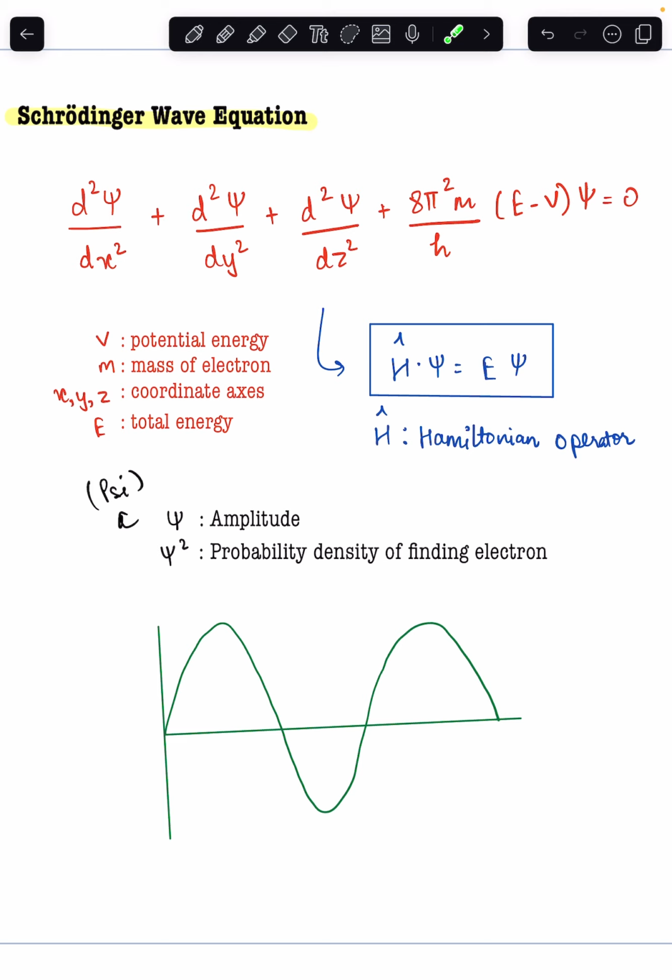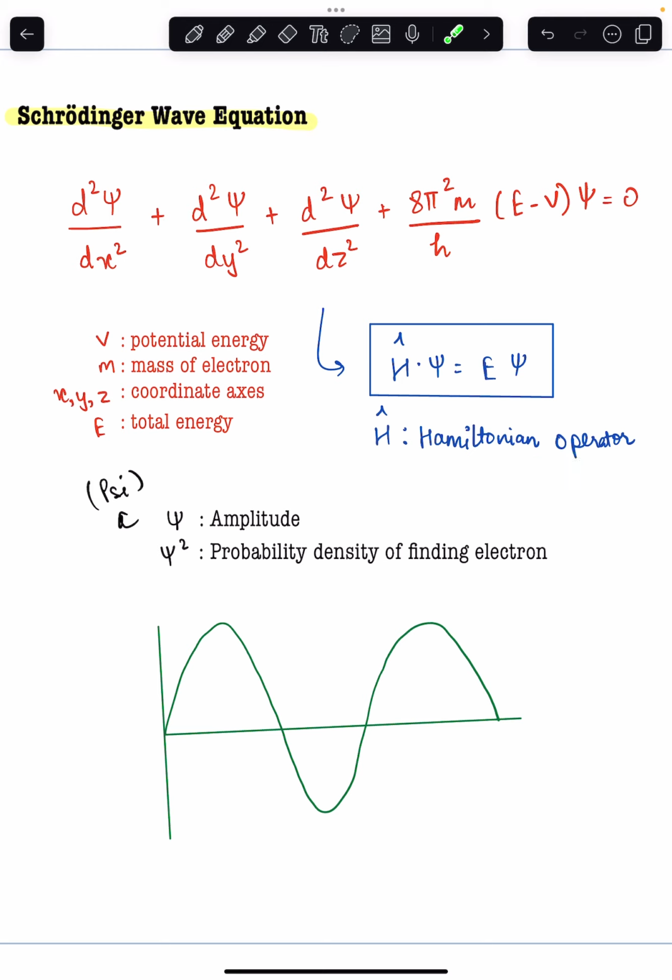Now this equation we can also rewrite as Hamiltonian operator psi equal to E psi. Now I know this does not make much sense, but you just need to memorize it, because all of this is not in our syllabus. This is something beyond our syllabus, so we do not really need to know more about this operator.